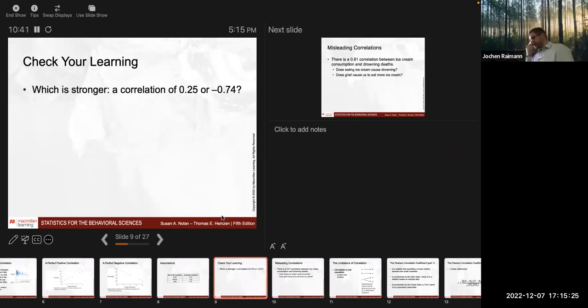So now the question that you will be facing on the quiz, and don't fall into this trap, is which is a stronger correlation? Anybody? Yes. Right. Why?